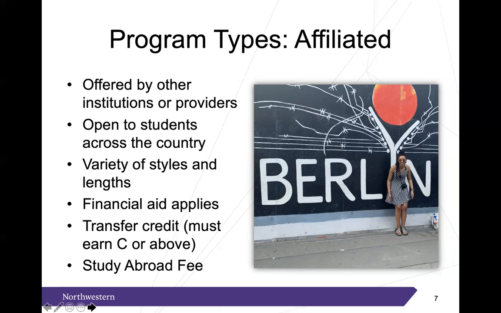For example, a study abroad center might offer courses just for study abroad participants while also permitting students to enroll in a host university courses and or participate in a credit-bearing internship or service learning experience. Please note that students participating in affiliated programs are charged a study abroad fee.